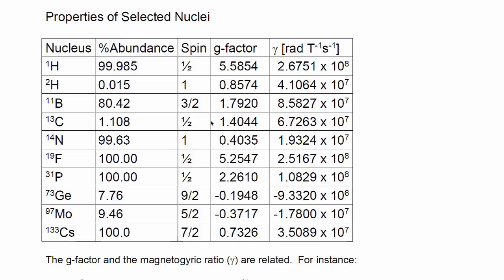This is why the carbon-13 experiment takes so much longer to run, because we have to enhance the signal to pull out those very few nuclei that are giving us the signal, plus they are weak nuclei to begin with given the G factor.